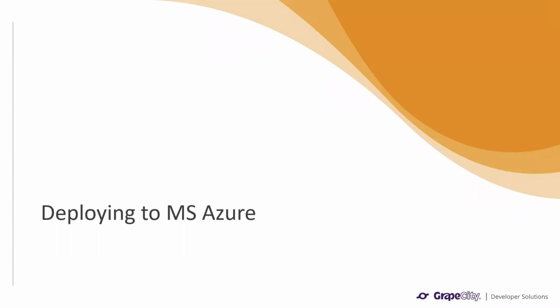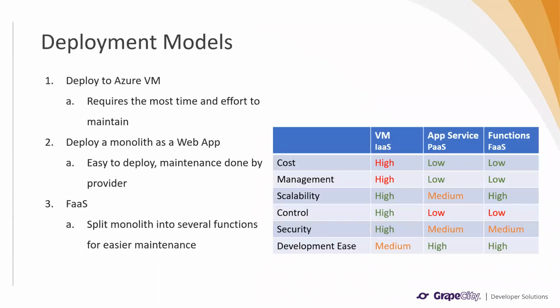The next thing that we want to take a look at as we're moving on is deployment to Microsoft Azure. We're going to use Azure as an example for our purposes here. When we're talking about deployment, there are a few different ways to deploy an application to an Azure account. The first thing you can do is deploy to a VM.